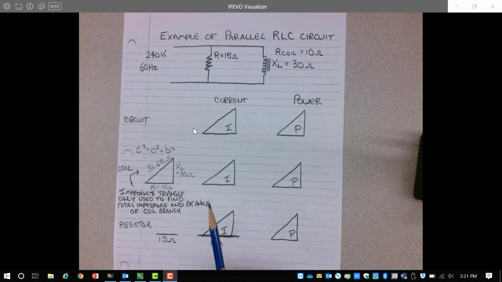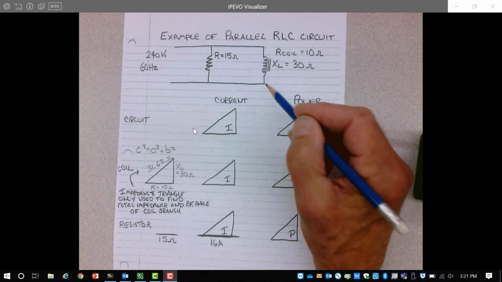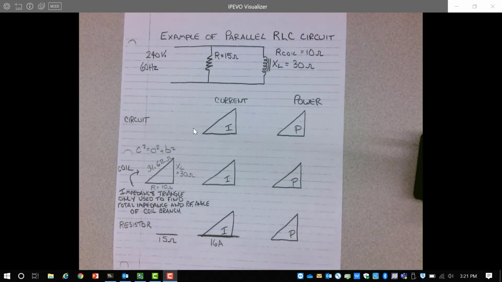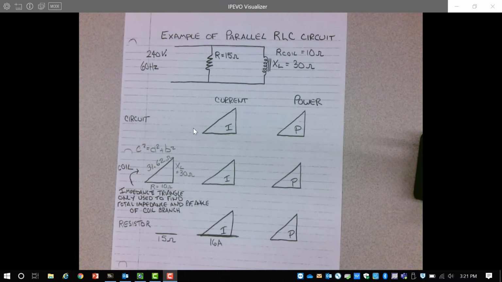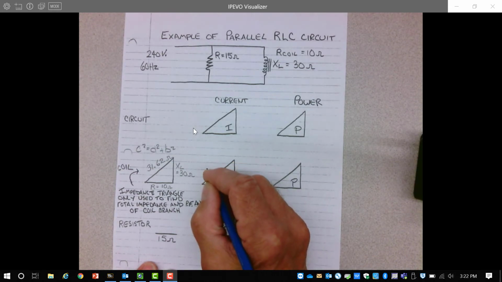That is the total impedance of the coil in this circuit, and to find the current through that coil, I simply again take the voltage across the coil, which is 240 volts, divided by the impedance of the coil to give me the current through that coil. 240 volts divided by 31.62 ohms should give me a current through the coil of 7.59 amps.